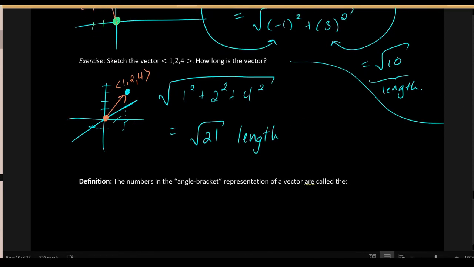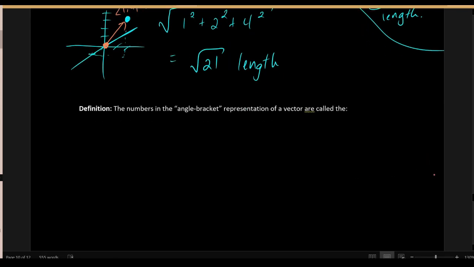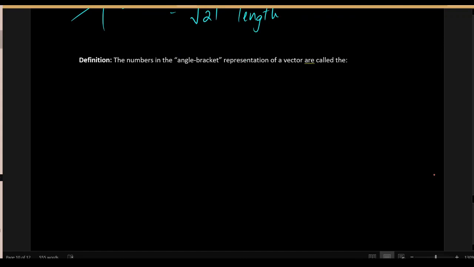Now, these numbers which show up between the angle brackets when you're representing a vector symbolically do have a special name. These numbers are called the components of the vector.